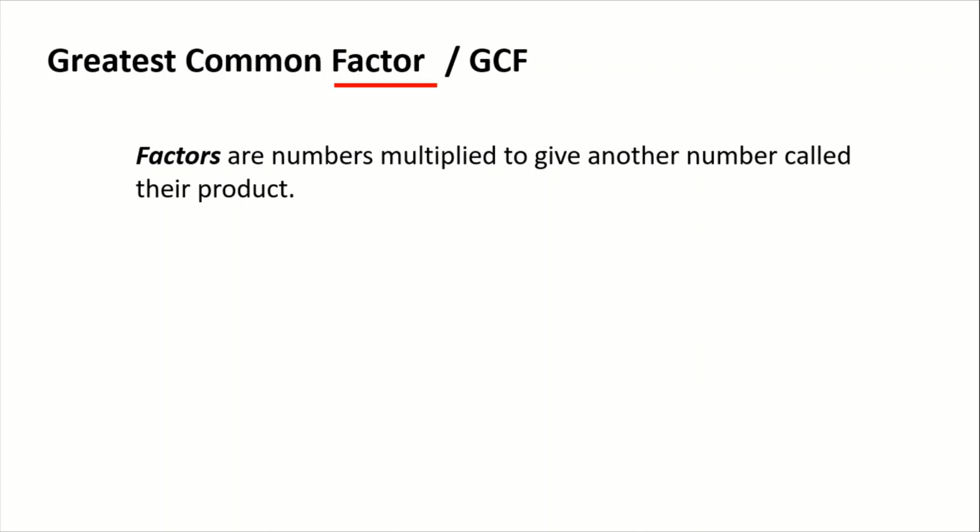So, yung factors, sila yung mga numbers na kapag i-multiply natin, magbibigay siya ng mismong sagot na iyon. Okay? So, for example, we have 4 times 3. 4 times 3 is equal to 12. Okay? So, ito si 4 at si 3, siya yung tinatawag natin factors. And si 12, siya yung tinatawag natin na product.